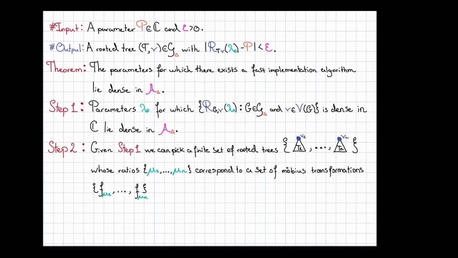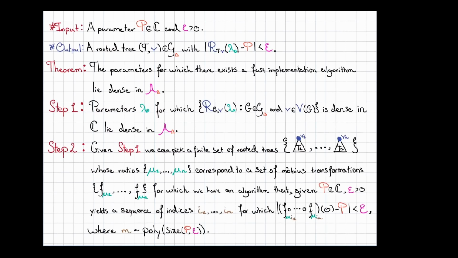And then again, implementing these in paths. So implementing these specific things in specific graphs in paths corresponds to studying this semi-group of these Möbius transformations. And we show that we can pick them in a certain way such that using these Möbius transformations, we can build an algorithm that takes in some parameter, and we can find a sequence of Möbius transformations that sends 0 to that parameter, and it sends it there exponentially fast.